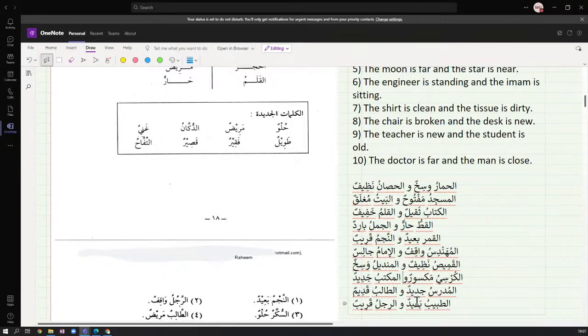The fifth one was Khalidun mudarrisun salihun. So Khalid is a righteous teacher. Then the sixth one, Al-Ka'batu baytun jamilun. The Kaaba is a beautiful house.